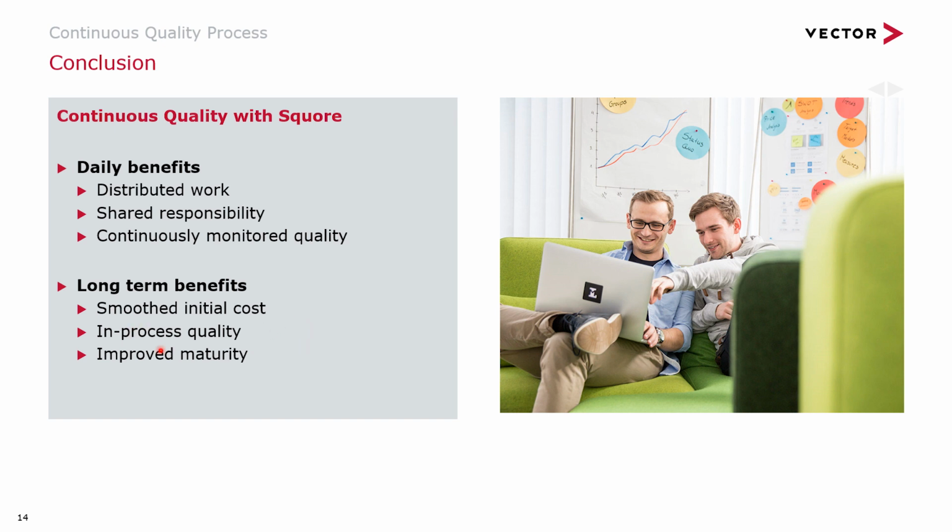So these are really strong benefits in the long run. And as we saw before, the maturity is going to also benefit from Squore, because as the teams know what's wrong and how to solve it, it will become integrated in the way they work, in the way they approach the project. Thank you for your attention.